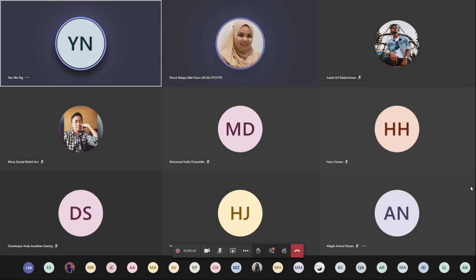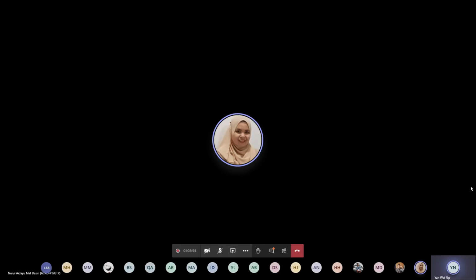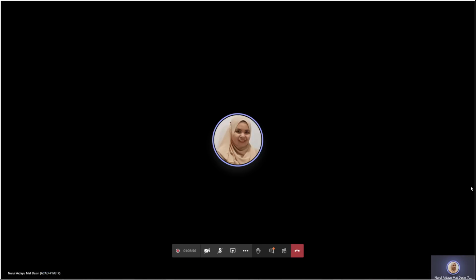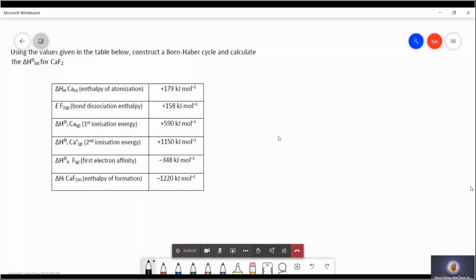Where's my whiteboard? Okay, can you see the whiteboard right now? Microsoft Whiteboard. Yes, I can see the whiteboard.